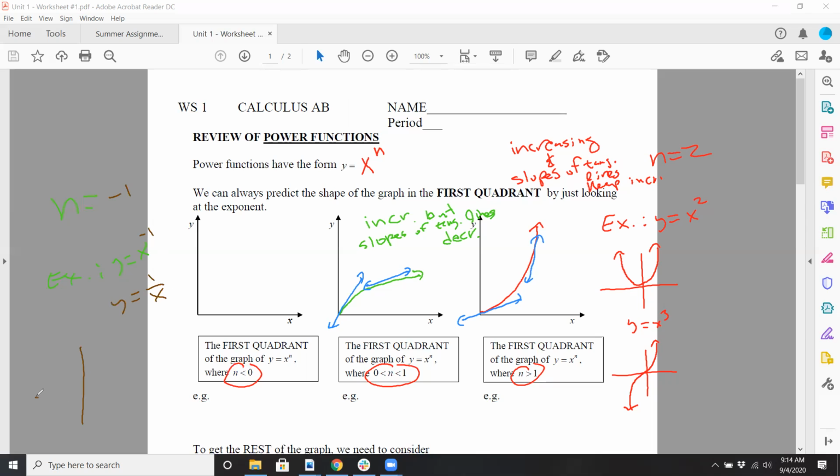So what that would look like is like that. Okay. Right? Or what if n were -2? 1/x squared. Now, because you're squaring x, y is always going to be positive. And of course, the domain won't include 0. So we expect something like this here. So this case would be a decreasing function.